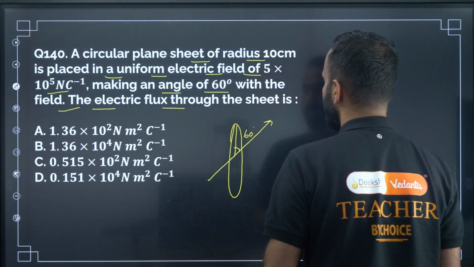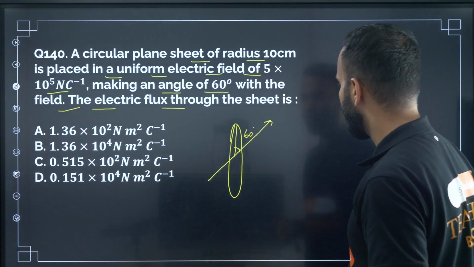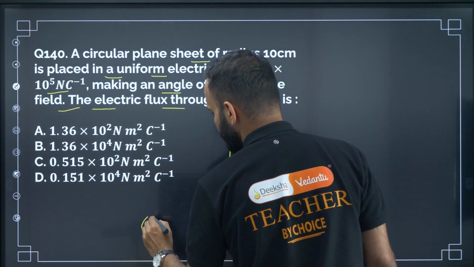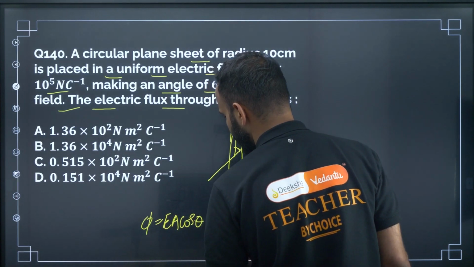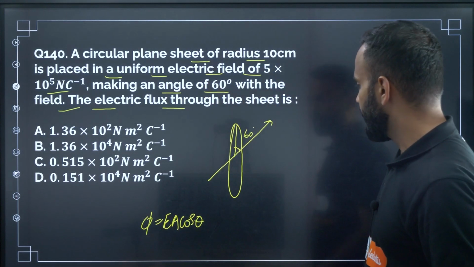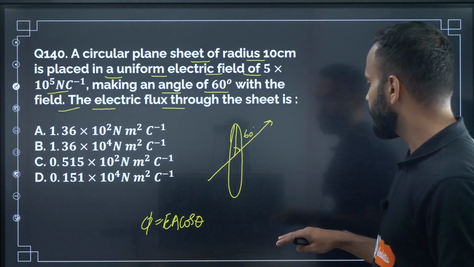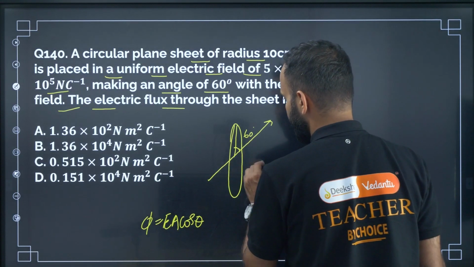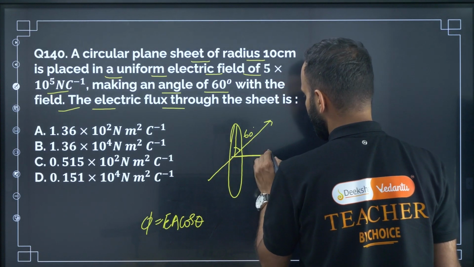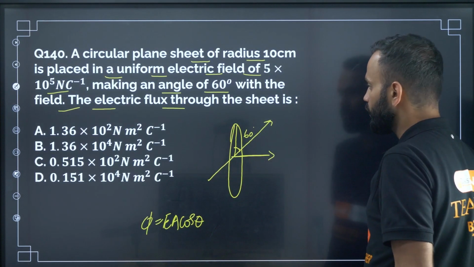The electric flux through the sheet is, here electric flux phi is equal to E A cos theta. E is the electric field vector, A is the area vector, and theta is the angle between E and A. So what is the direction of A? The direction of A is perpendicular to the plane of the circular sheet.